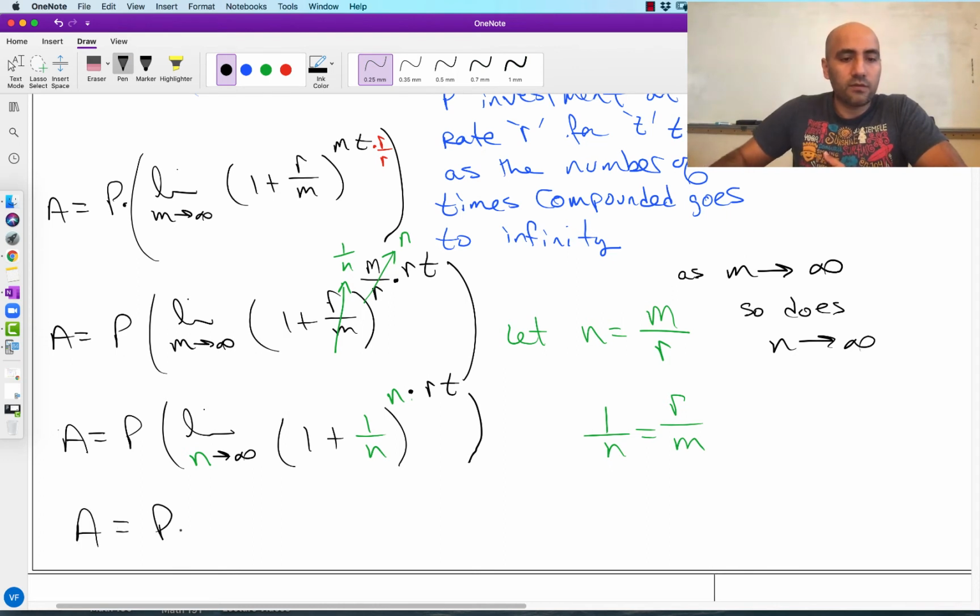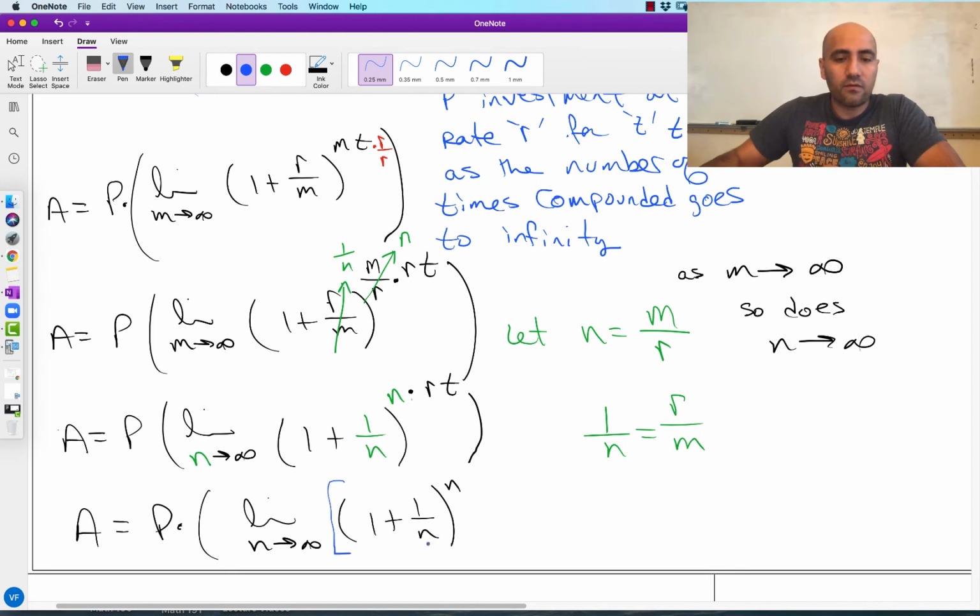A equals P times, parentheses, the limit as n goes to infinity of 1 plus 1 over n raised to the nth power, and then I'm going to separate this and say that this is raised to the power of rt.